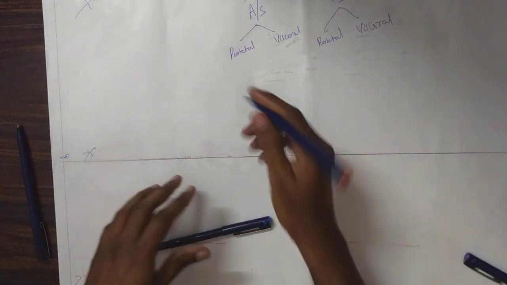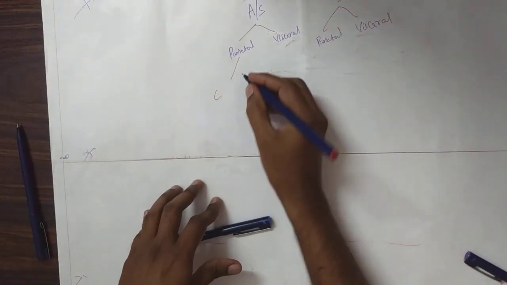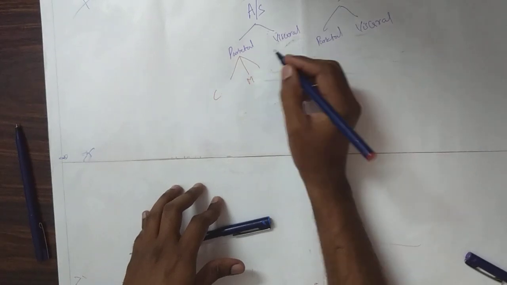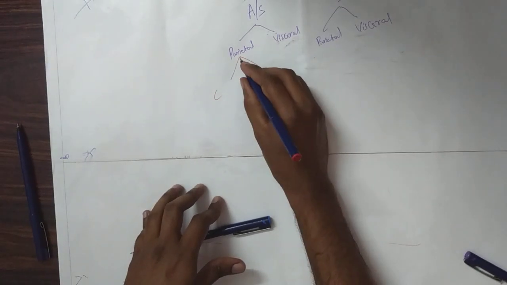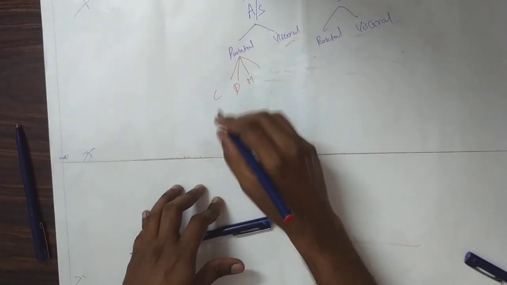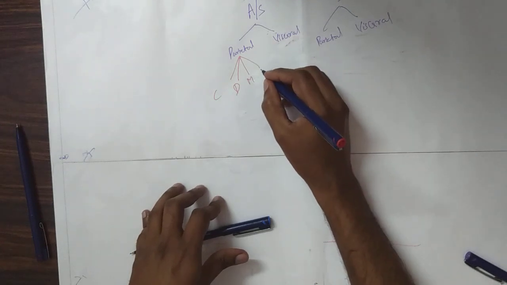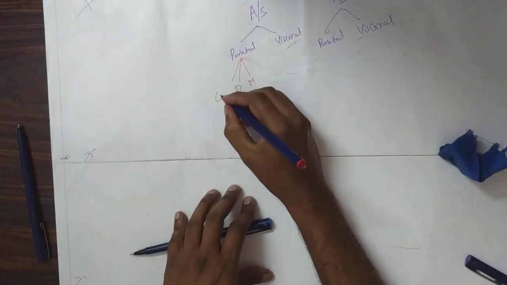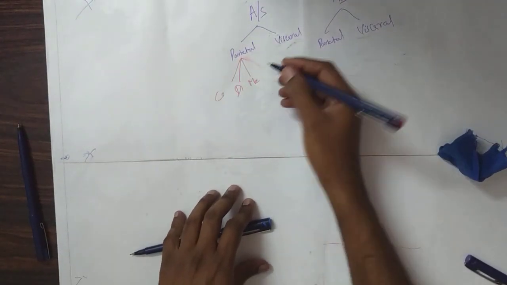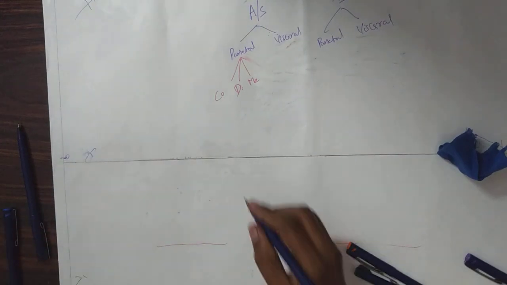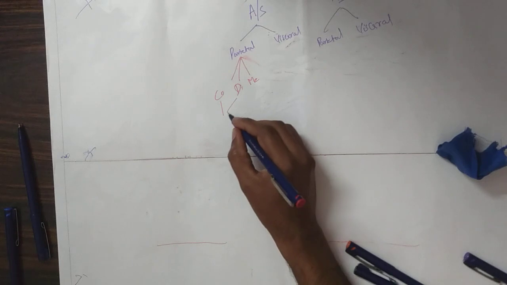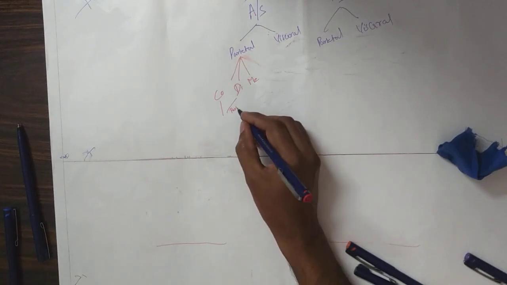Parietal pleura, again you are dividing into four parts: costal, mediastinal, diaphragmatic, and cervical. We need not know about cervical, just costal, diaphragmatic and mediastinal.